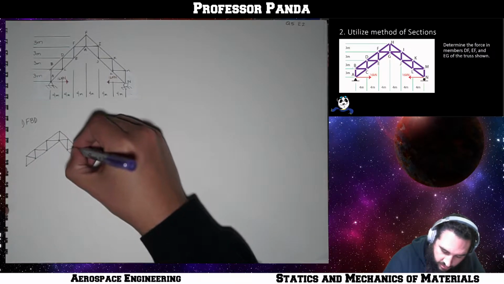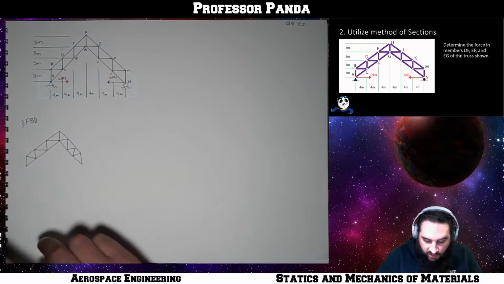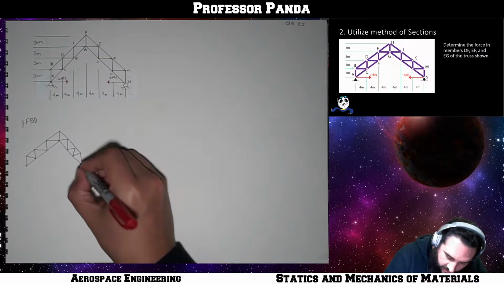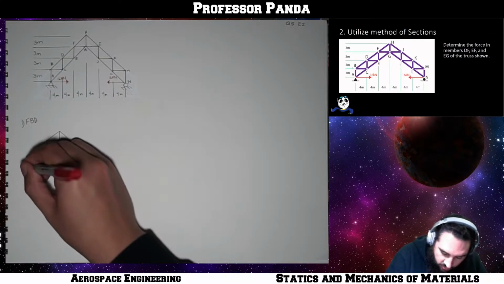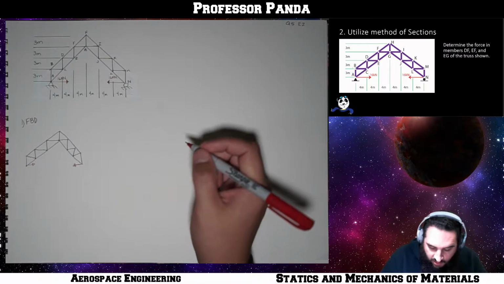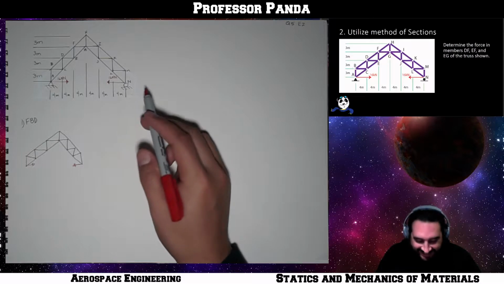Not super exact, but we don't need to be, because what we're interested in here is the reaction forces from the pin at A and the roller at N. I don't know what N is, we're going to call him Nemo today.